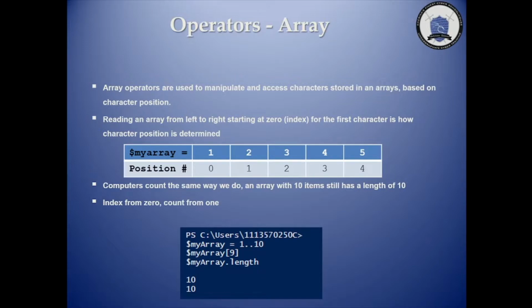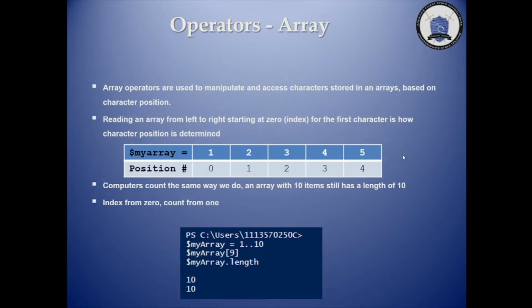So in arrays, the first item in the array is actually index position 0. So for example here, let's say we've got my array, and we've got 1 through 5 in it. Position 0 is actually going to be the first one here, which is 1. And as we go on, position index 1 is 2, 2 is 3, 3 is 4, 4 is 5.